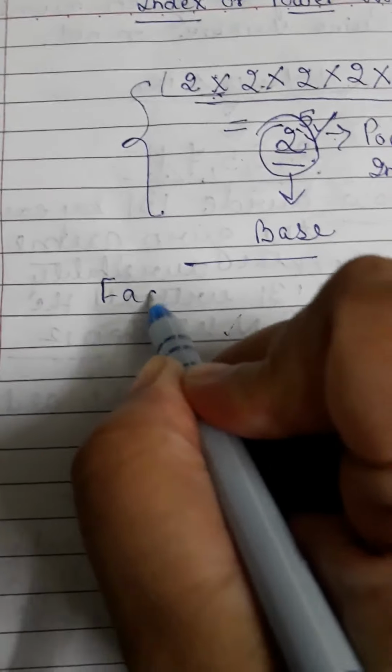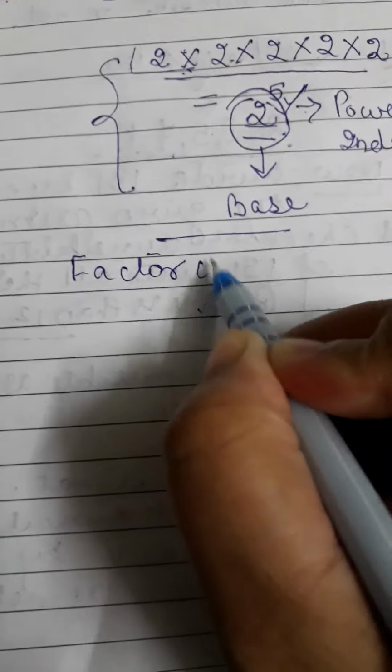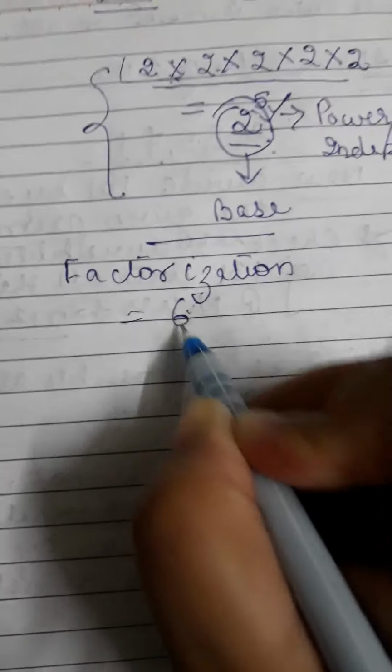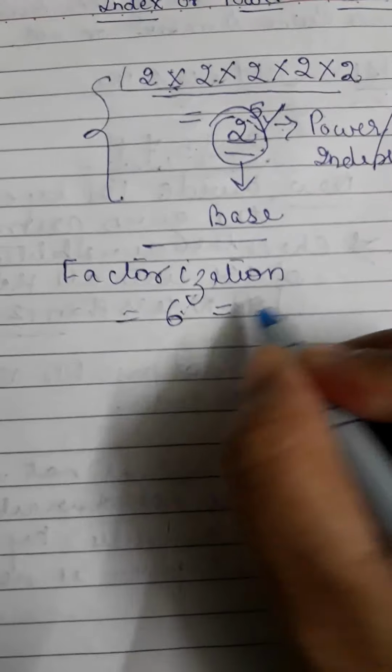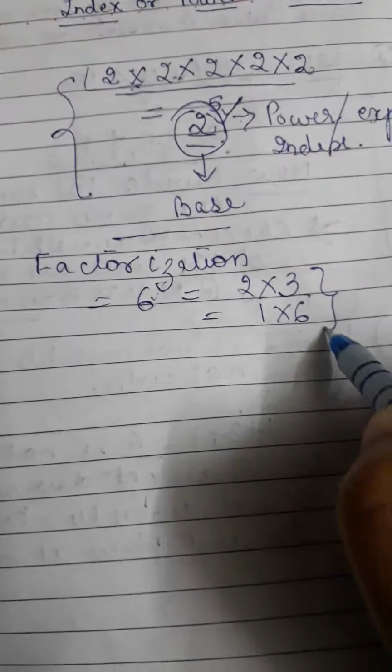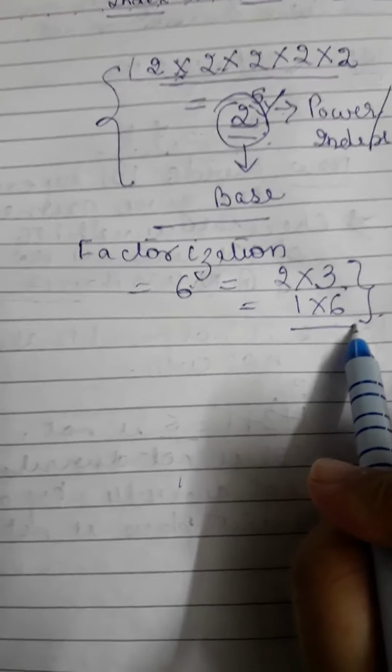Now what is factorization? You know what is factorization, we have learned. Suppose I write 6. 6 can be written as 2 into 3 or 1 into 6. This is known as you are factorizing it.